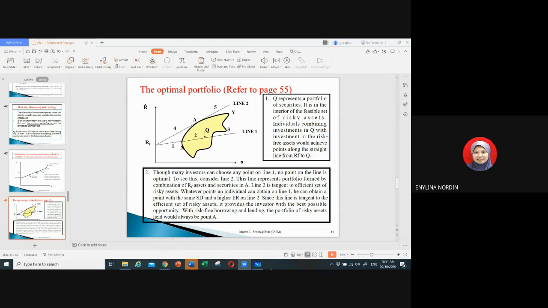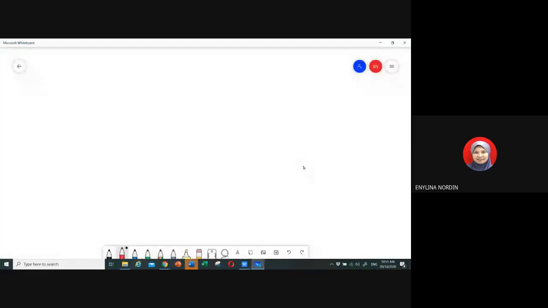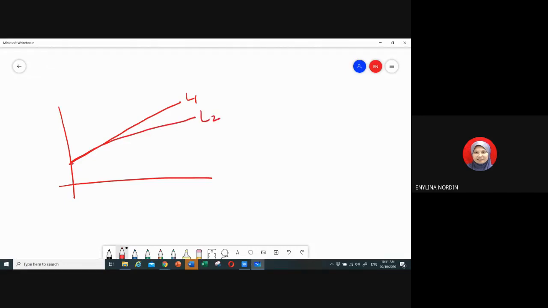In this case, if we draw the line, just now we combined Mutiara with risk-free, so the line will be like this. Line 1. Another one, maybe you combine the risk-free asset with the Petronas stock, so maybe line 2. Or you combine the risk-free asset with, say, Perodua, so maybe line 3 is this one.